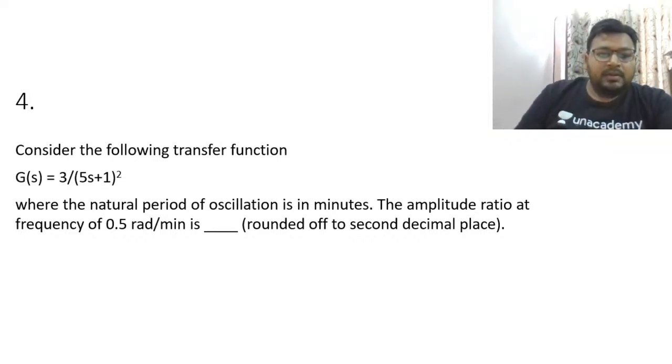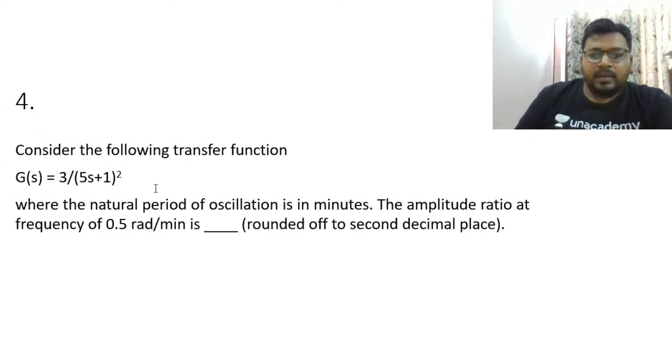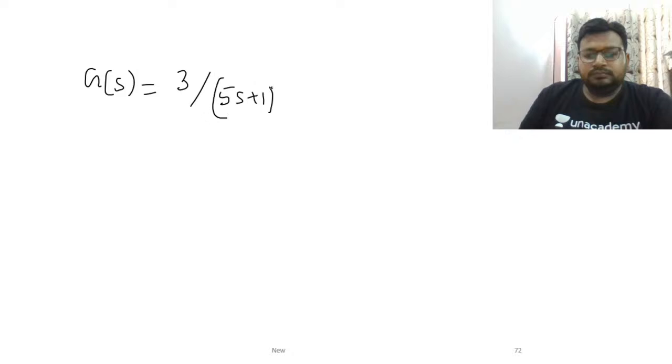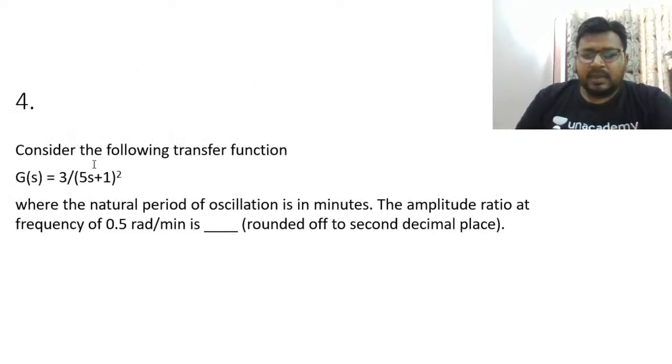Okay, so let me discuss guys. So this is the transfer function 3 by (5s plus 1) whole square, and they are asking to calculate the amplitude ratio for a frequency of 0.5.